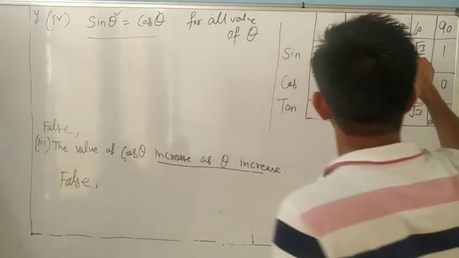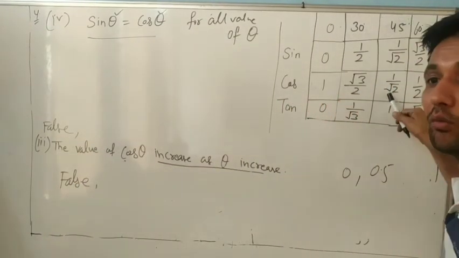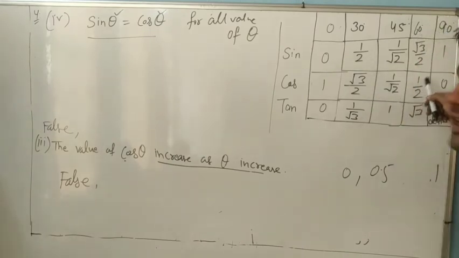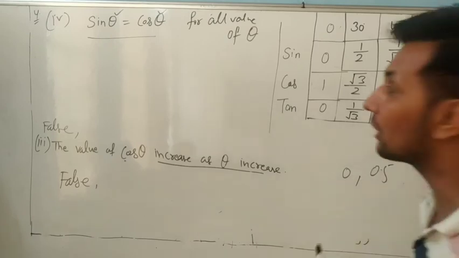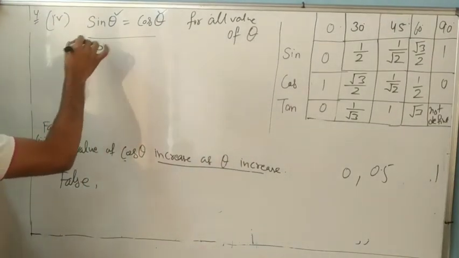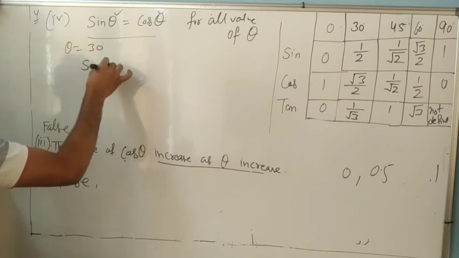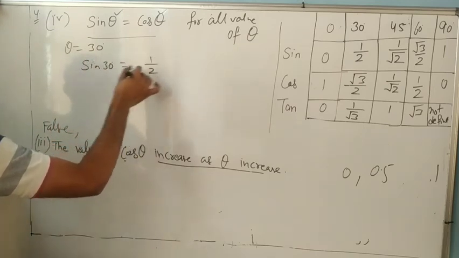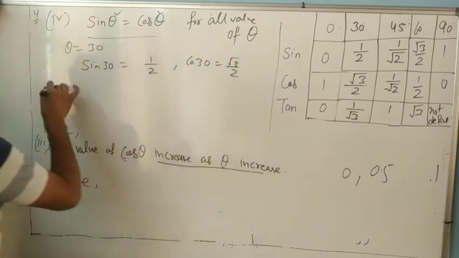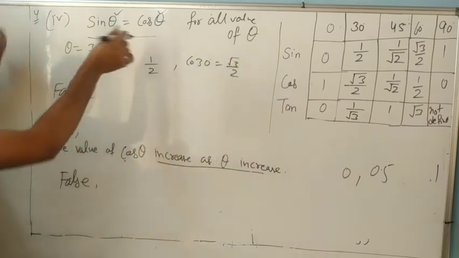Only at 45 are they equal. When we take 30, 60 or 90, they are not equal. So you write any example: theta equal to 30 degrees, sine 30 is 1 upon 2 and cos 30 is root 3 upon 2. So it is false.